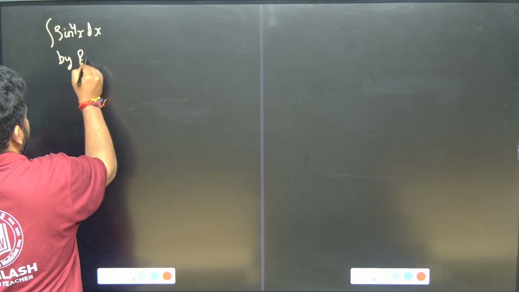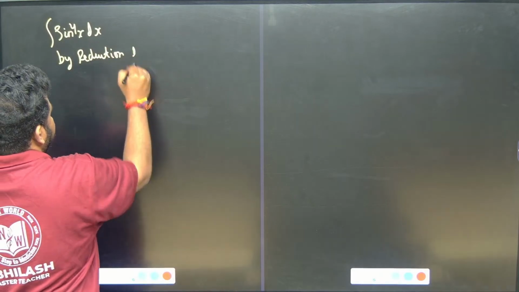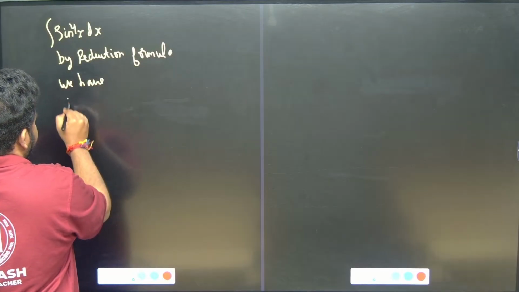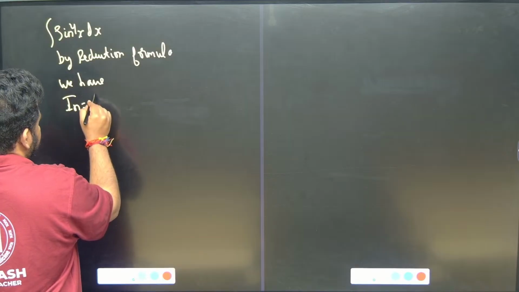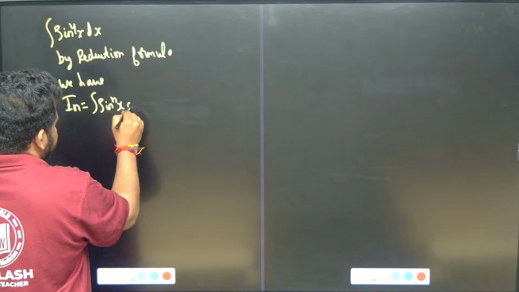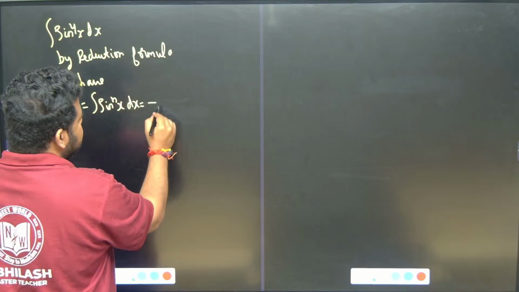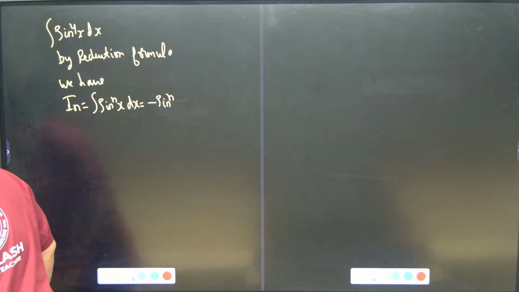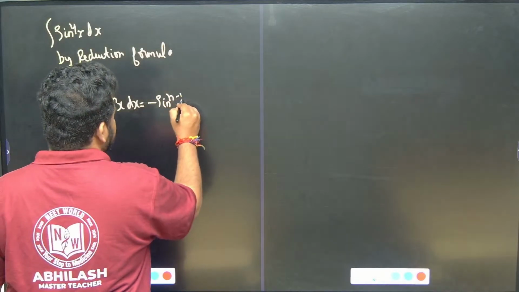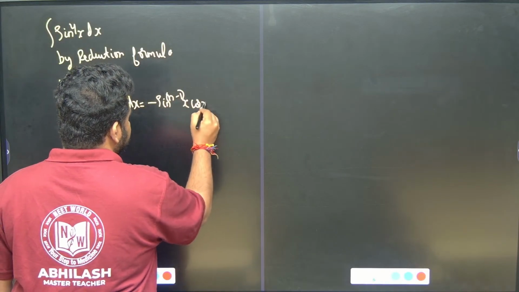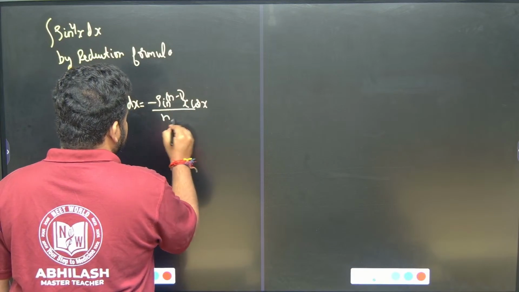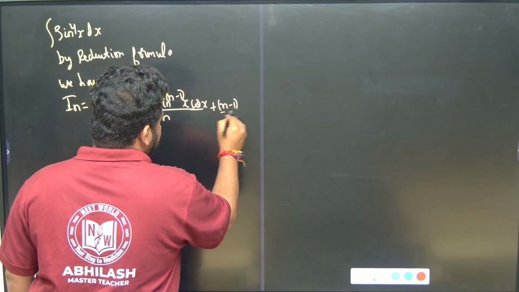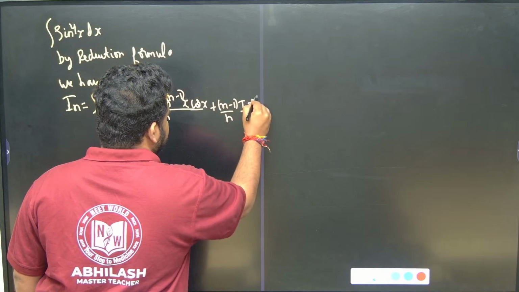By the reduction formula, I_n is equal to the integral of sin^n x dx, which is equal to minus sin^(n-1) x cos x by n plus (n-1) by n into I_(n-2). Let us call this equation 1.